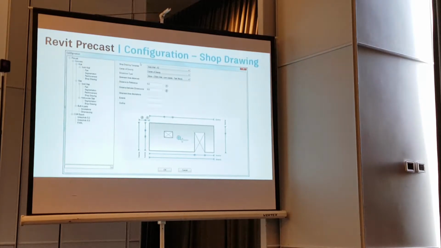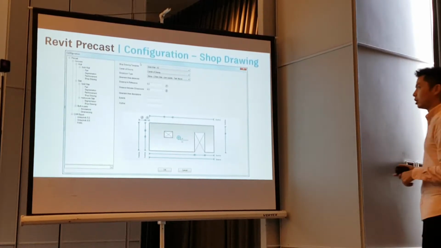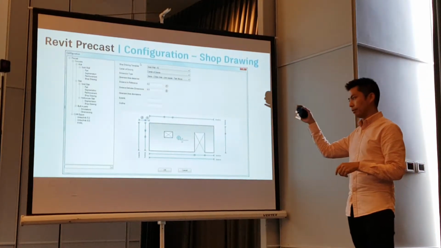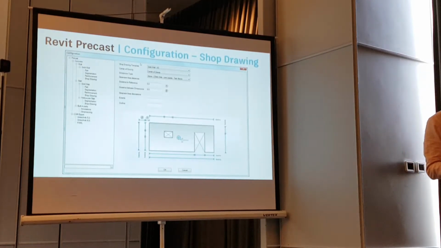Shop drawings. So what the Pre-Cast extension is capable of doing here is automating the process. Once you develop your parts and assembly, it will automatically generate the shop drawings for you. The shop drawings will include the drawings, the schedules, and also some other information. We will take a look at that later on.